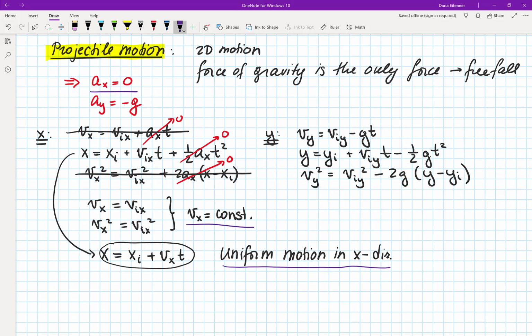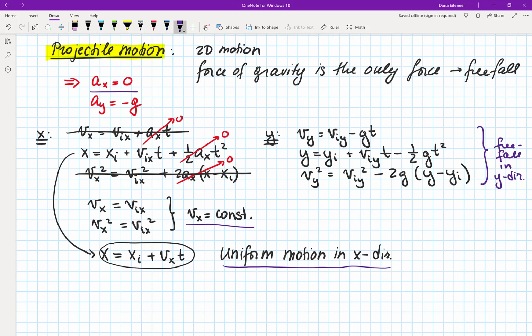So you can use any one of these three statements and get the point across equally well. Okay, so we have uniform motion in the x direction, and we have free fall in the y direction. And that's literally all there is to it for projectile motion.